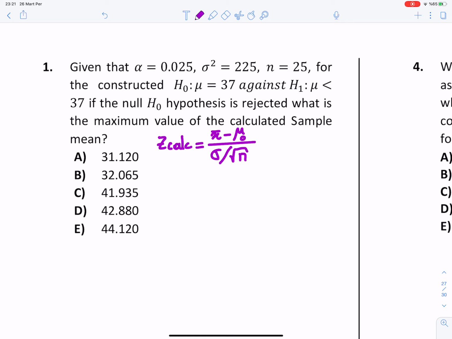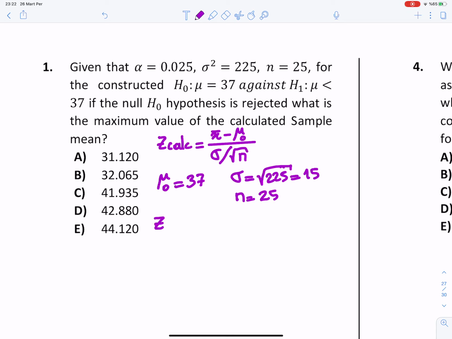So mu null for this exercise is 37. This is given within the null hypothesis. Sigma is the square root of the population variance, the square root of 225, which makes 15, and the sample size is 25.